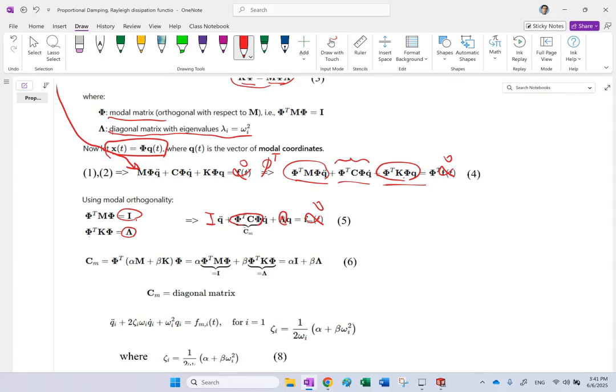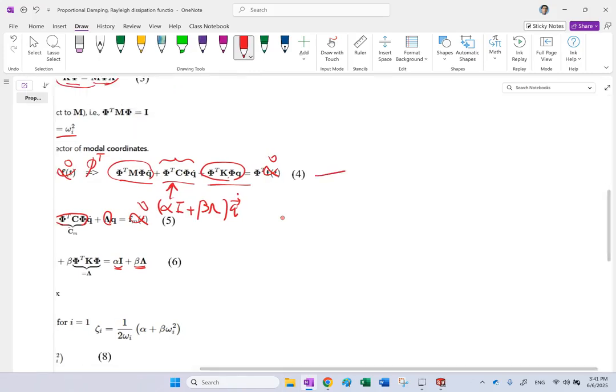Well, if C is proportional to M and K, yes, it is. Because now, look, all I need is to replace it by alpha M plus beta K, and it is going to be alpha times I plus beta times lambda, just like that. Extremely easy. Okay? So now this Cm is going to be alpha I plus beta times lambda, and that will be times q dot.